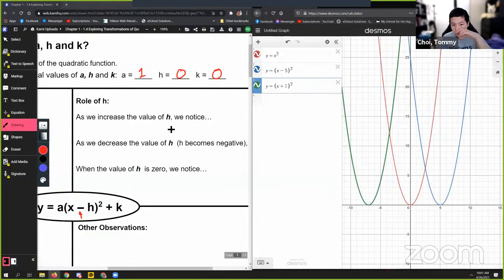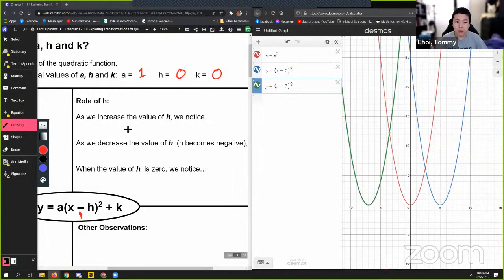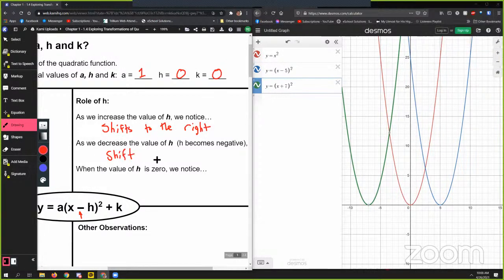So as we increase the values of h, we notice it shifts to the right, and this one would shift. Mister, you're just plotting out any numbers, right?